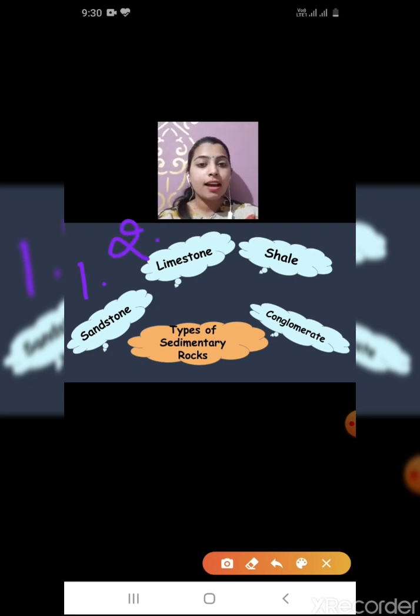Second one is limestone, L-I-M-E-S-T-O-N-E, limestone. Third is shale, S-H-A-L-E, shale. Fourth is conglomerate, C-O-N-G-L-O-M-E-R-A-T-E, conglomerate. Understood?